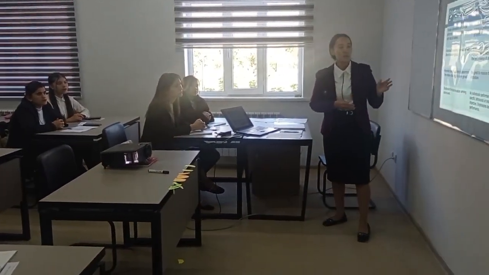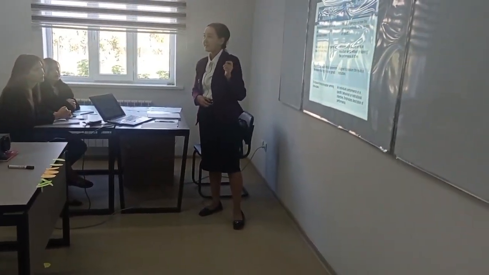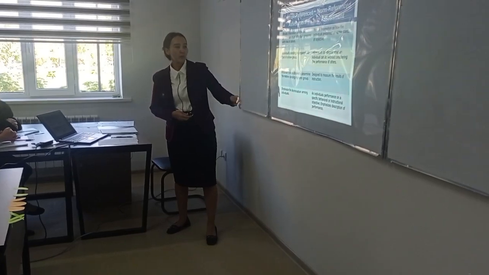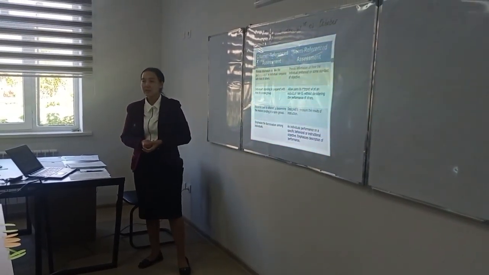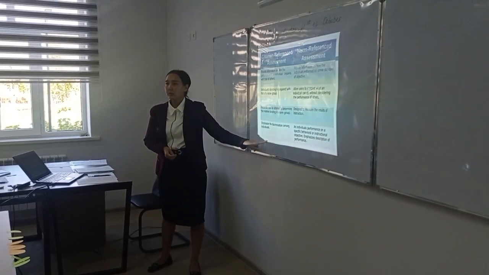Emphasize the discrimination among individuals. The main purpose of norm-referenced assessment is to rank, to discriminate between high and low performers or achievers. That's why it will be norm-referenced assessment.